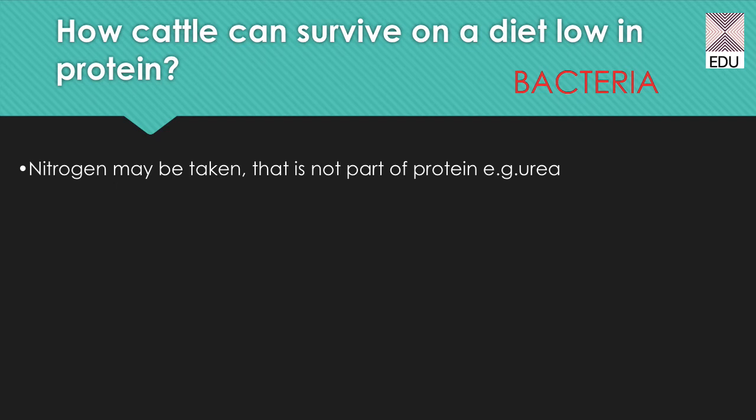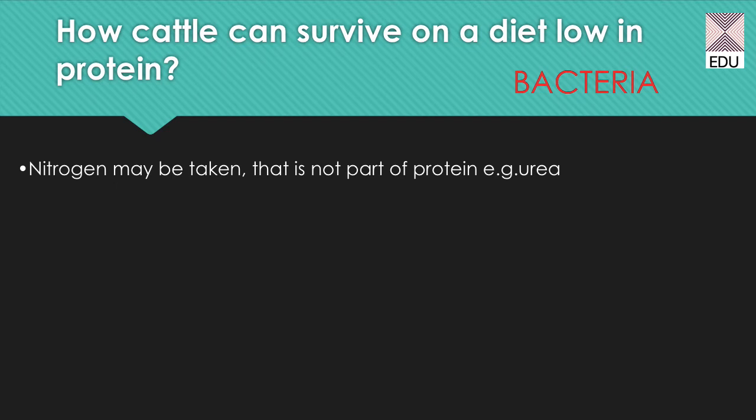Now the nitrogen may be taken from a source that is not a part of protein, for example urea. Here I want to emphasize that the cattle or the ruminants can take nitrogen from urea.